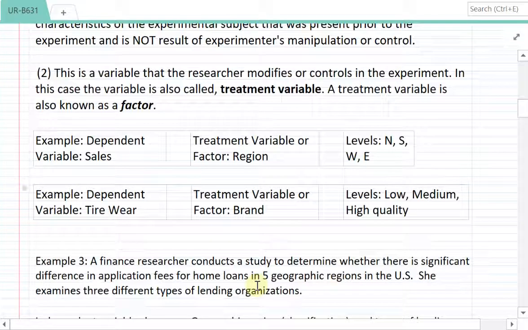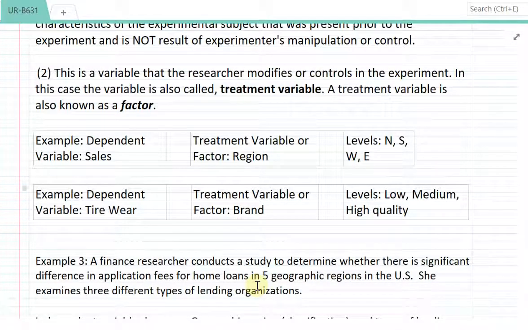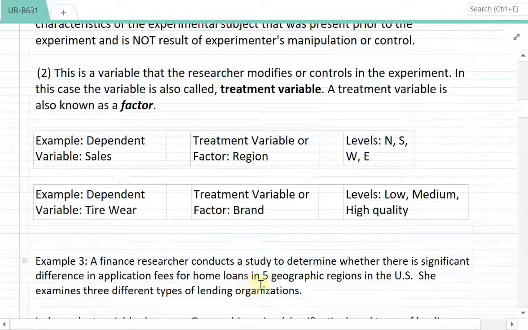Here's another example. It relates to business and finance. Let's say a finance researcher conducts a study to determine whether there is a significant difference in application fees for home loans in 5 geographic regions in the US. She examines 3 different types of lending organizations.